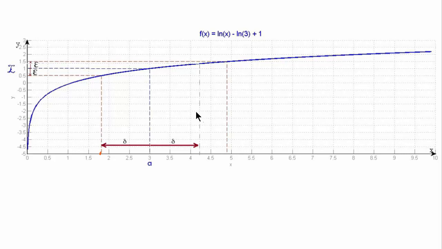And the remaining task now is to find this value. Fortunately, this is not hard. Simply, we have here y equals 0.5. So let's put it here.